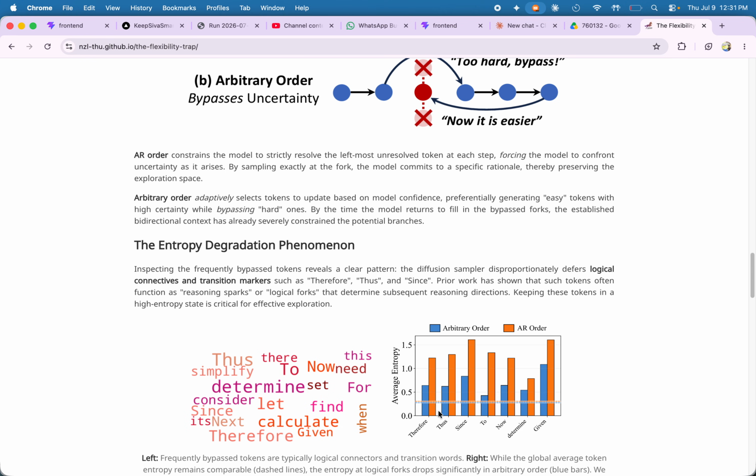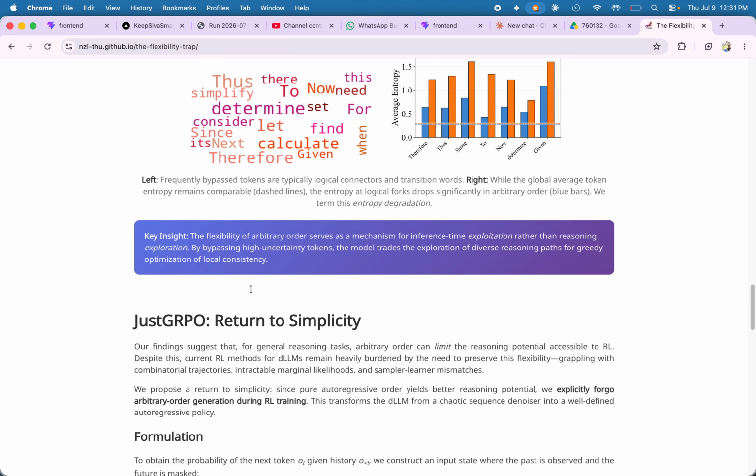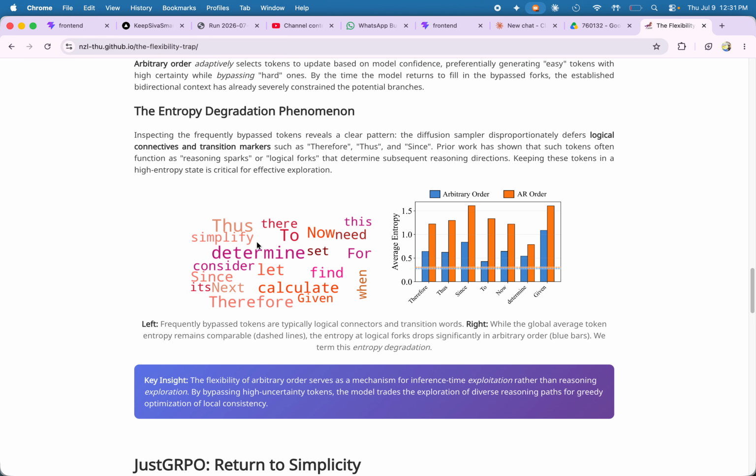You can see the performance for these words: the orange is our traditional left to right order, and it performs very well, right? These are some of the sample words that DLM suffers most while predicting.